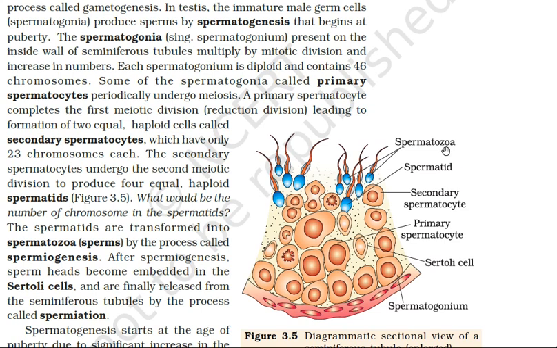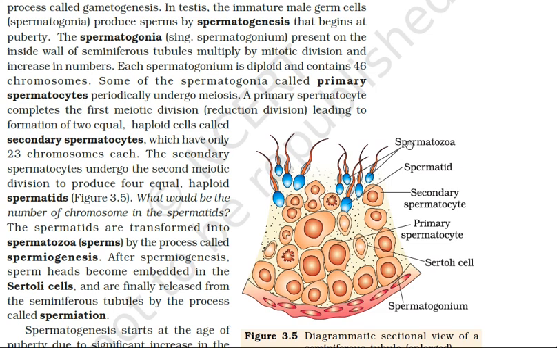Here each primary spermatocyte, which is a diploid cell, undergoes the first meiotic division to give rise to two haploid secondary spermatocytes.